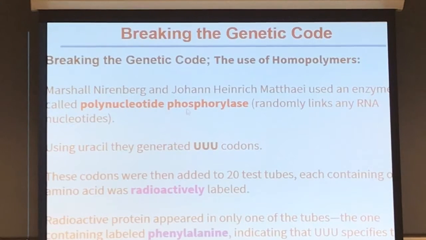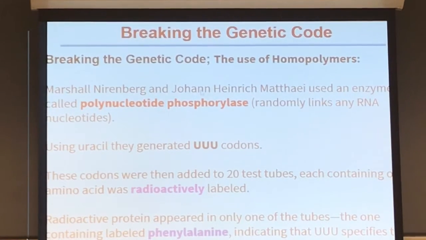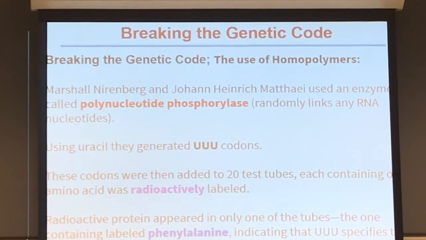So the initial experiments were to test whether the genetic code uses 2 nucleotides or 3. One of the early scientists who worked on the genetic code, Marshall Nirenberg and Johann Heinrich Matthaei, used an enzyme called polynucleotide phosphorylase.